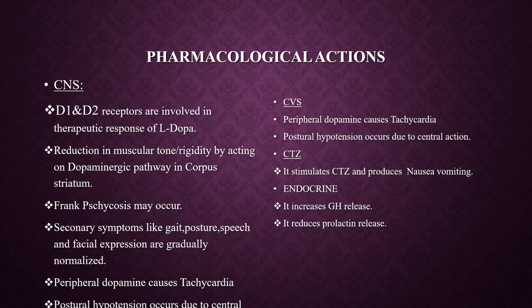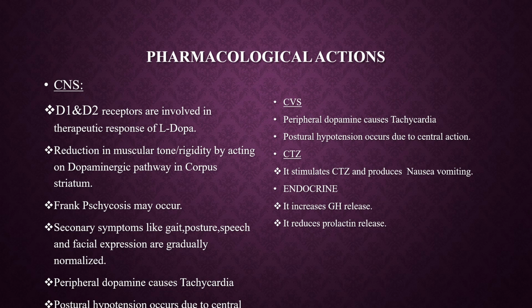The peripheral dopamine circulating in the blood causes tachycardia, increasing heart rate, and postural hypotension. Postural hypotension may occur due to central action. So in the central nervous system and cardiovascular system, you will have similar points as described.